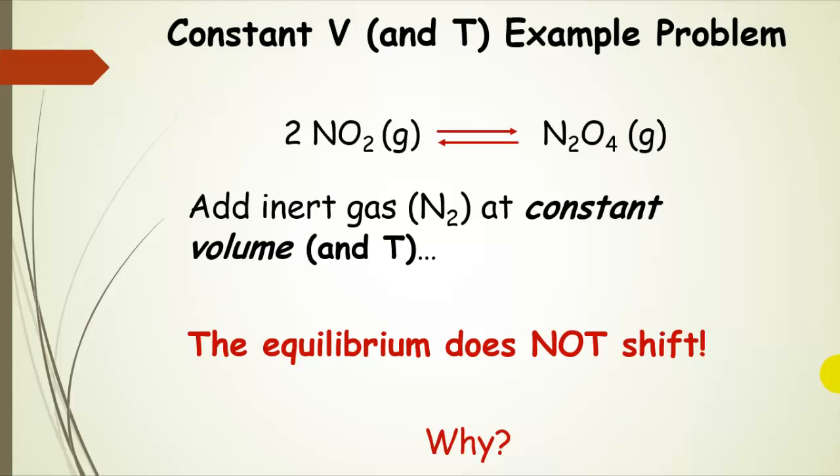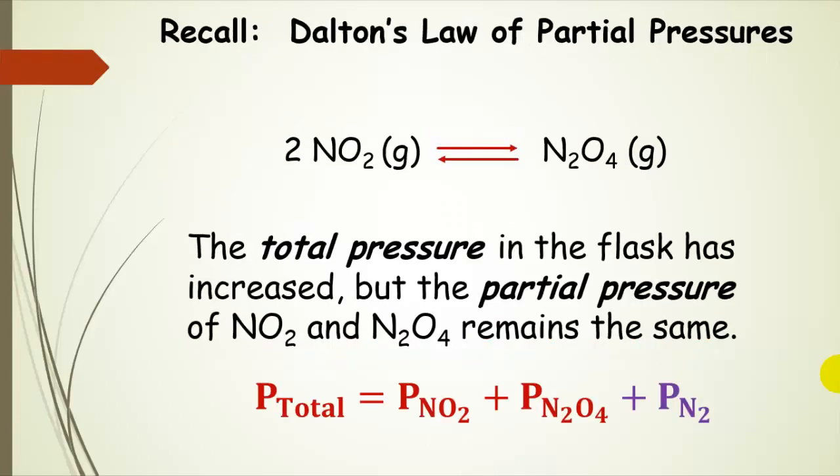If we add this inert gas at constant volume and temperature, the equilibrium does not shift. Why is that? That seems kind of strange. Even though the total pressure inside the flask has increased because we added nitrogen gas, a partial pressure of nitrogen, the reacting gases' partial pressures stayed the same.